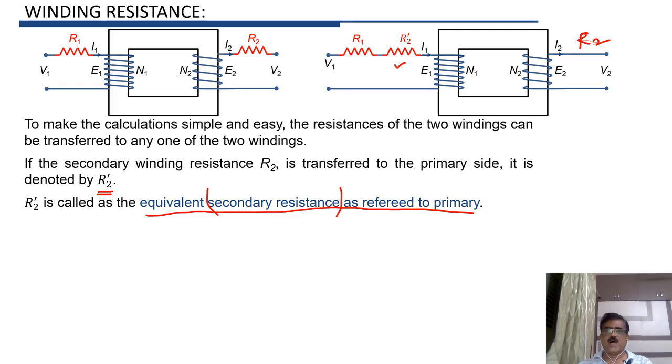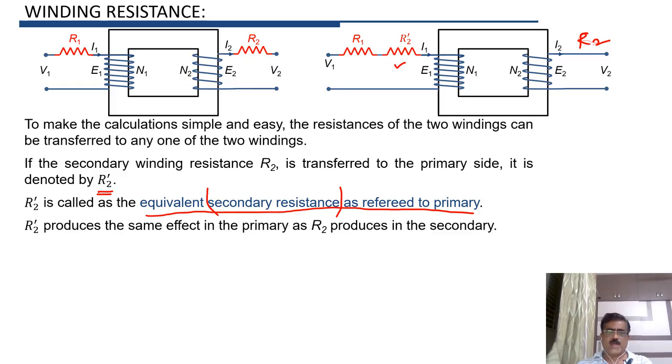Now, let us see how to determine the value or expression for R2 dash. Here R2 dash should produce the same effect as that of R2. Means when R2 is transferred on primary side, it is denoted by R2 dash, and the effect produced by R2 and R2 dash must be same.